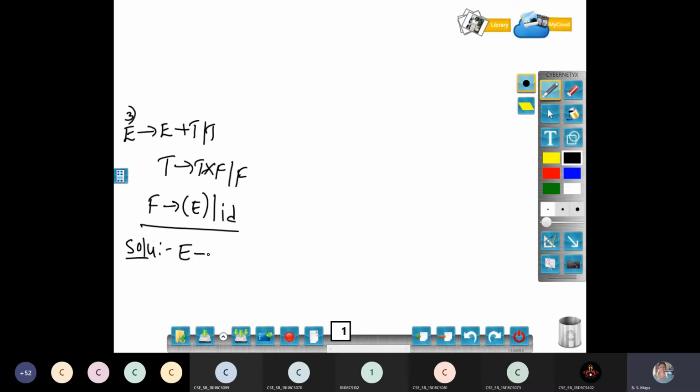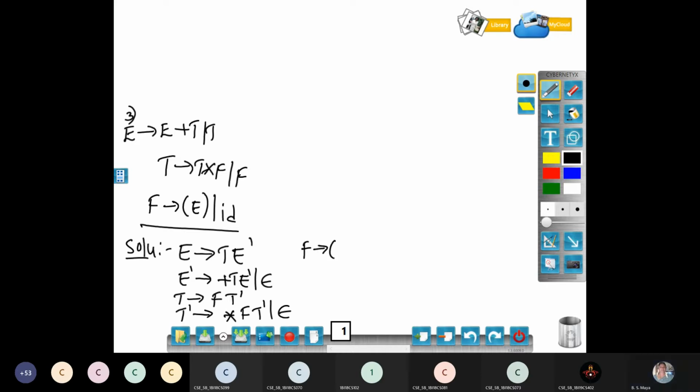After computing, I got the resultant grammar: E derives T E dash, E dash derives plus T E dash or epsilon, T derives F T dash, T dash derives star F T dash or epsilon, then F derives open parenthesis E close parenthesis or ID. Okay, this you already did.